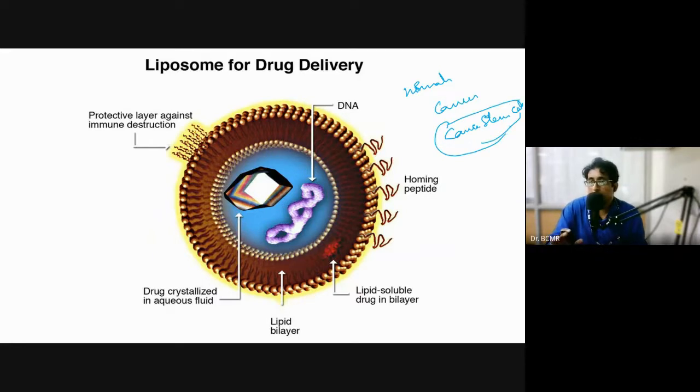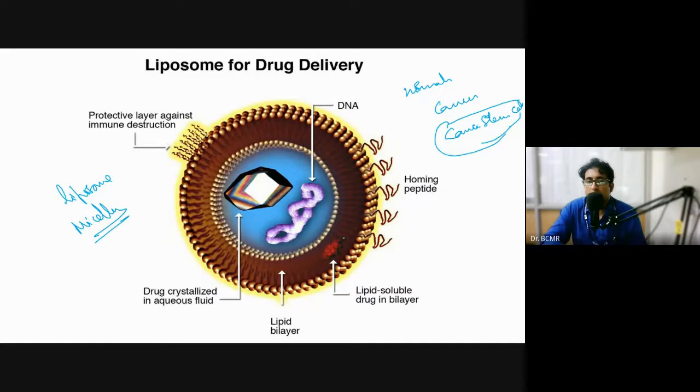We can design a fantastic chemotherapeutic agent or a DNA or RNA, and we want that cargo to be delivered to the cancer stem cell. In that case, based on the chemical properties of the compound, we can make either liposomes or micelles and deliver them.